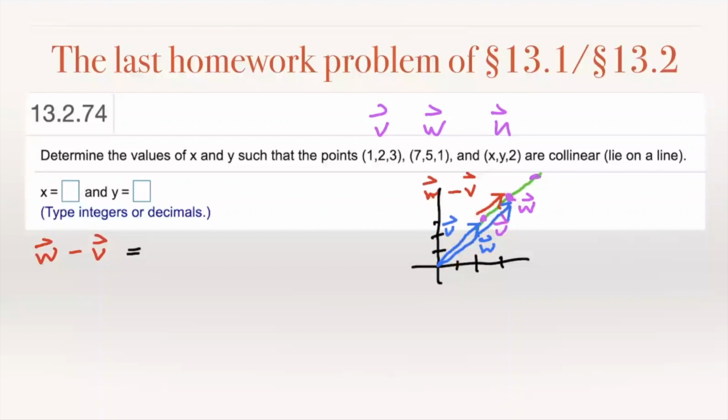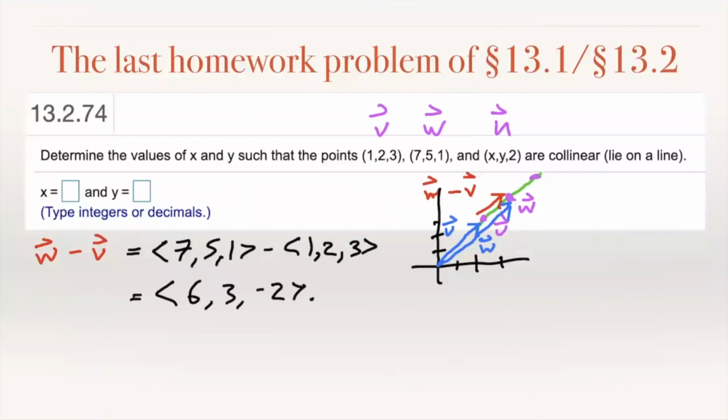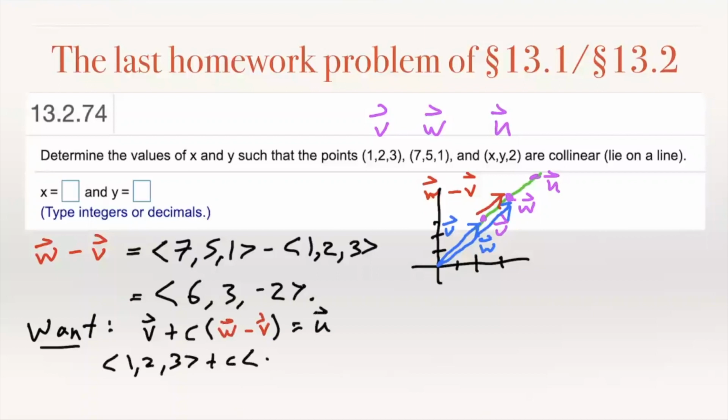So anyway, W minus V, thinking of these as vectors, is (7, 5, 1) minus (1, 2, 3), which is (6, 3, -2). Now, what we want is for us, beginning at V, to be able to add W minus V, but stretch by some factor such that we get to this point U. So we want V plus some scalar times W minus V to be equal to our point U. So plugging in, we have that (1, 2, 3) plus C times (6, 3, -2) is equal to U, which again, thinking of U as a vector in the same way, is (x, y, 2).